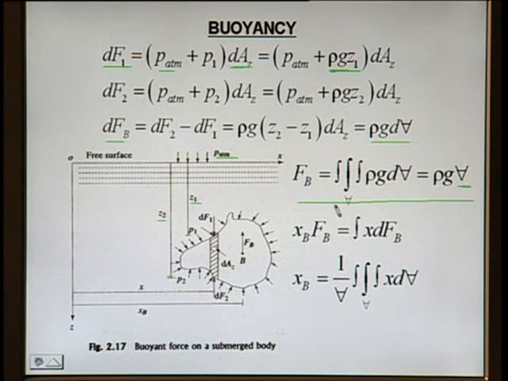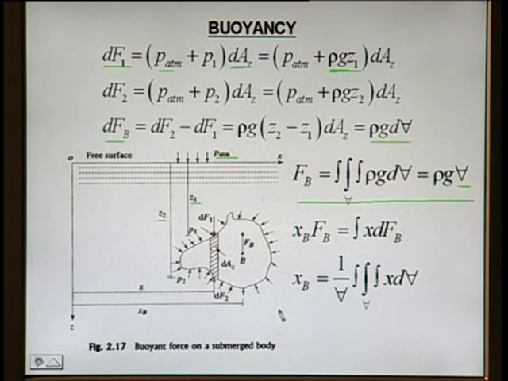Now this is the buoyancy force. The next step is to find at which point this buoyancy force acts through. For that we have to use the concept of moment. For that we have the cross-hatched prism. The force acting on this prism is dFv, equal to rho g dV. Now what is the couple produced by this force about the z axis?